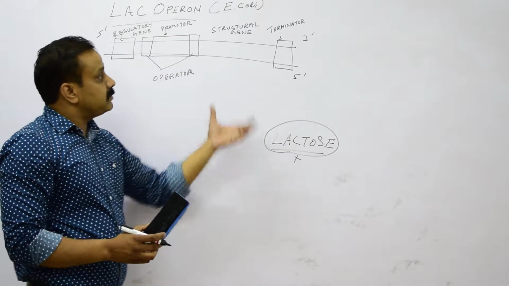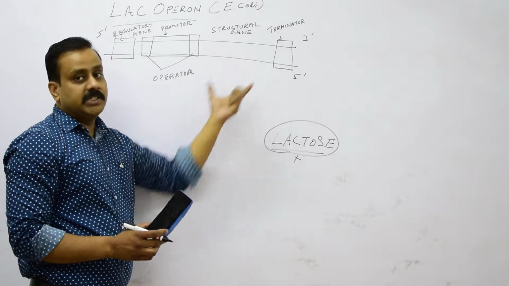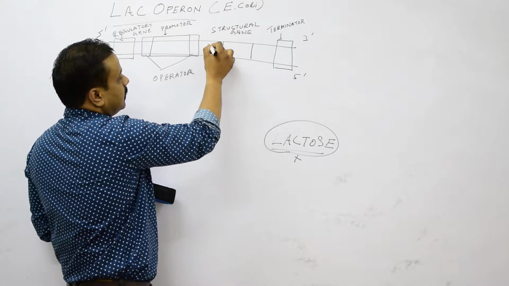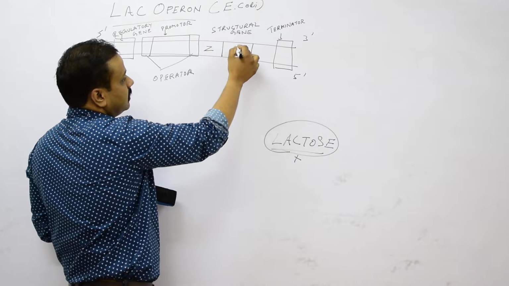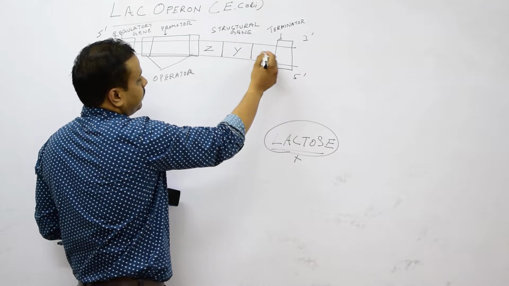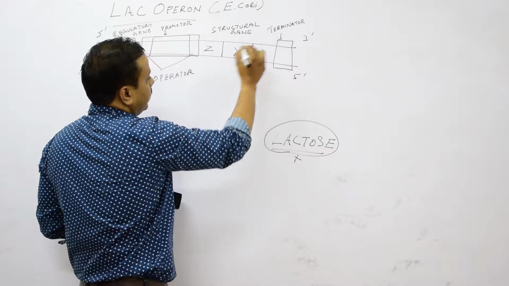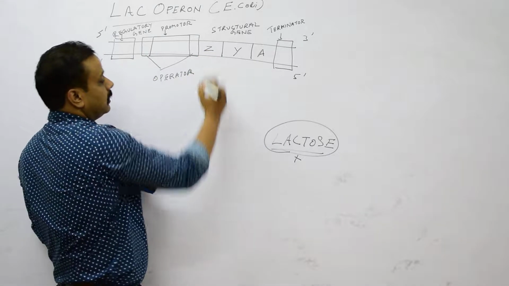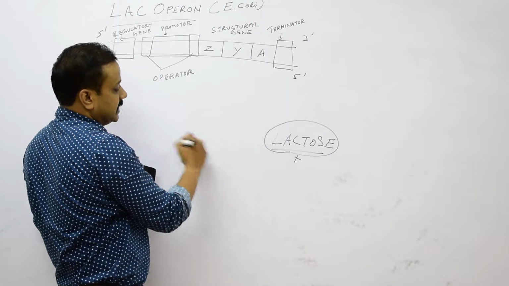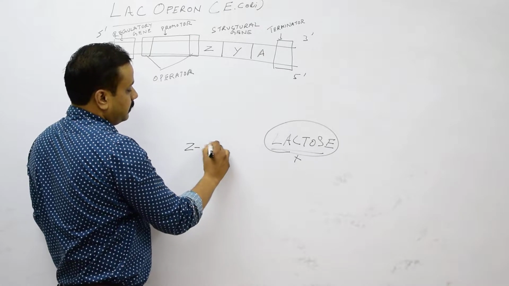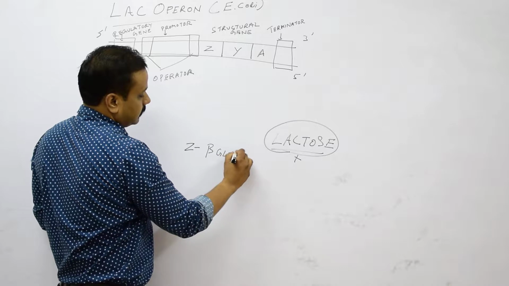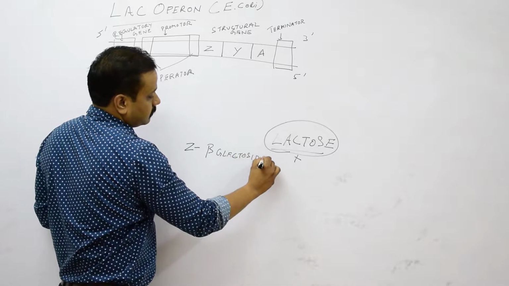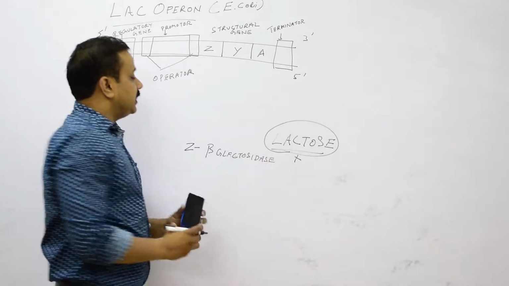These enzymes are produced with the help of a structural gene which consists of 3 parts: LAC-Z, LAC-Y and LAC-A. LAC-Z is responsible for the synthesis of an enzyme called beta-galactosidase.